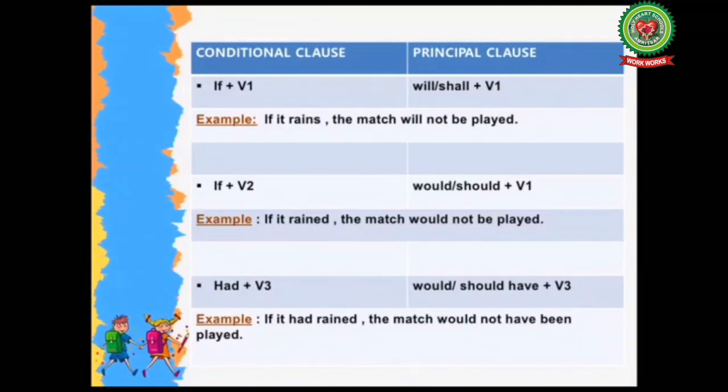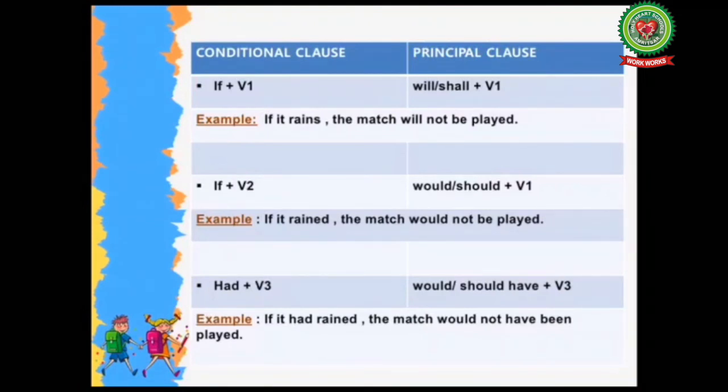Rule number 3: if in the conditional clause it is given past perfect tense, that is "had" plus the past participle form of the verb, then the main clause should be in "would have" or "should have" plus the past participle form of the verb. Example: if it had rained, the match would not have been played.